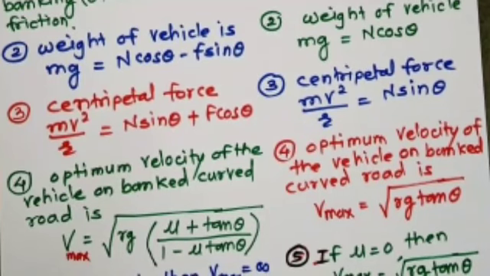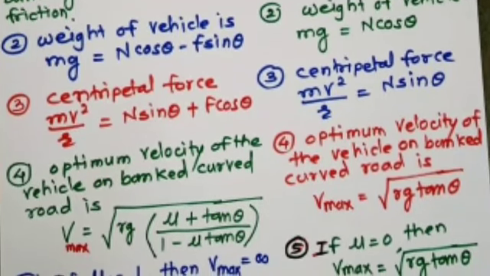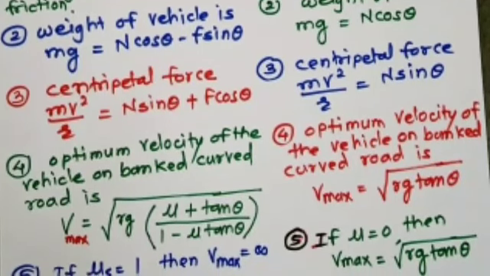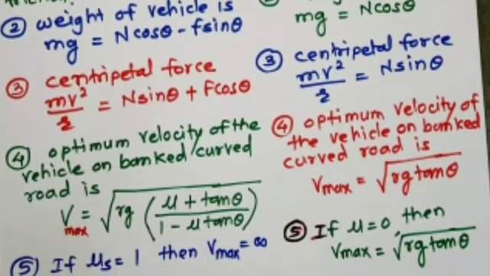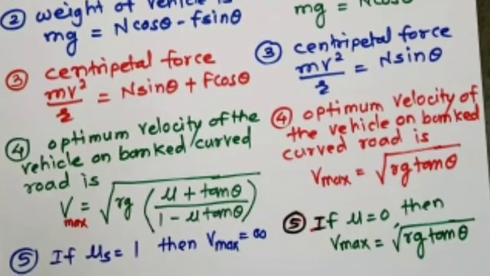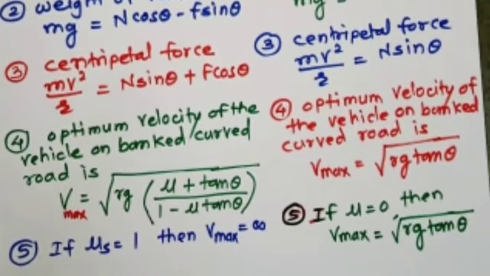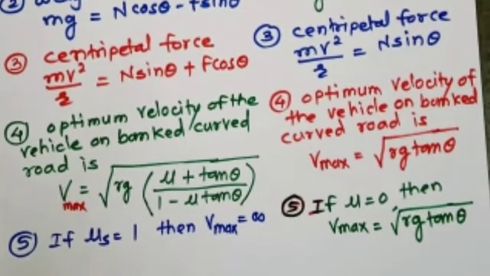Whereas without friction, the optimum speed V maximum is equal to square root of Rg tan theta. The fifth point is, if mu s equal to 1, then V maximum becomes infinity. But without friction, if mu s is equal to 0, then V maximum equals square root of Rg tan theta.